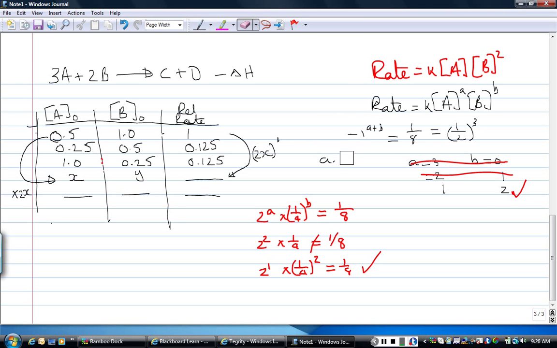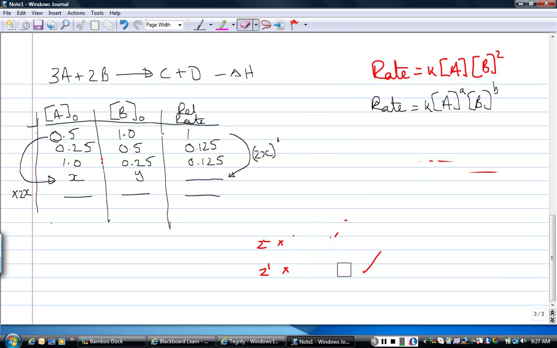Okay, in a similar fashion, what have I multiplied the concentration of B by? What do I multiply the concentration of B by to get Y?